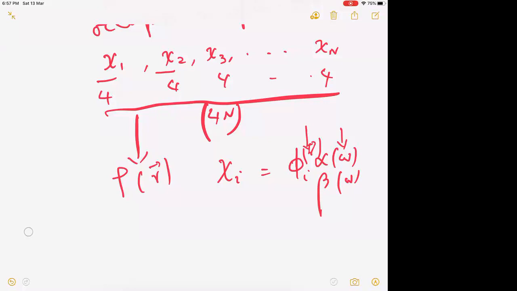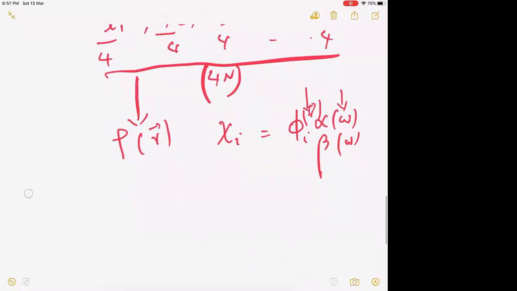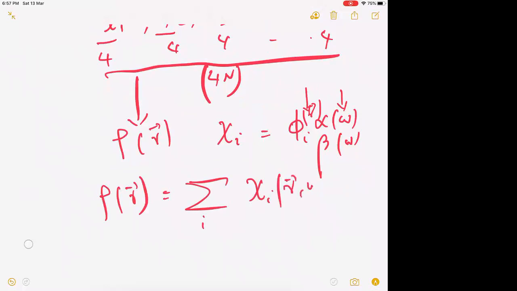That's how the 4 dimensions come. So the density can be written in the following manner: you sum over all the spin orbitals, chi-i of r, omega, modulus squared, because if it is a complex function, remember the Born interpretation, the probability density is psi star psi. So it is actually chi star chi, which is nothing but mod chi squared, of r, omega, and then you integrate over all the spin. That means spin is being summed up.